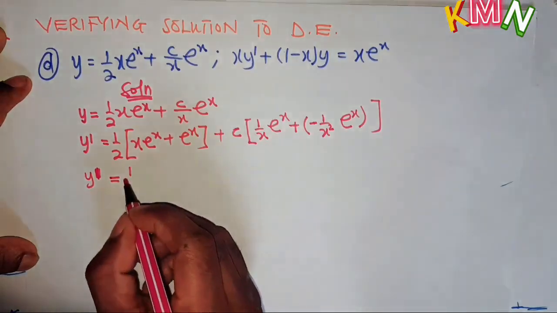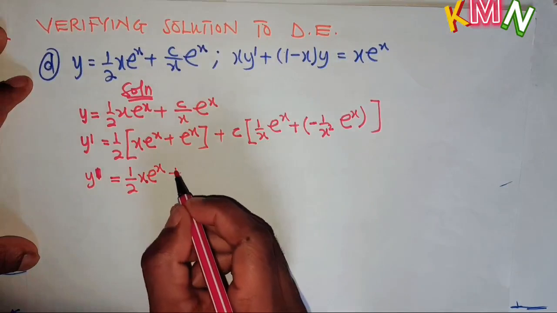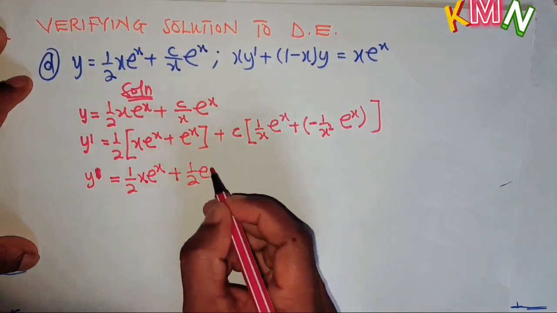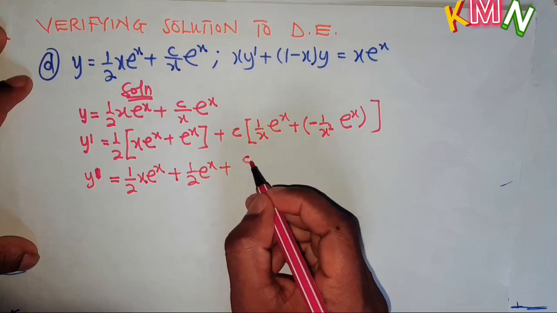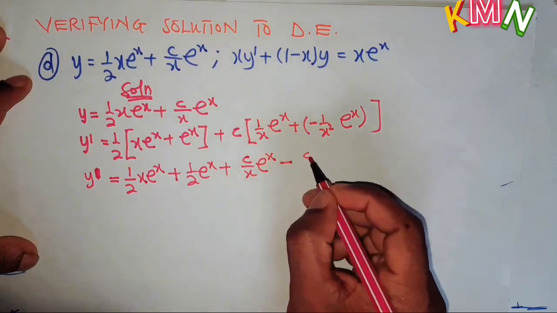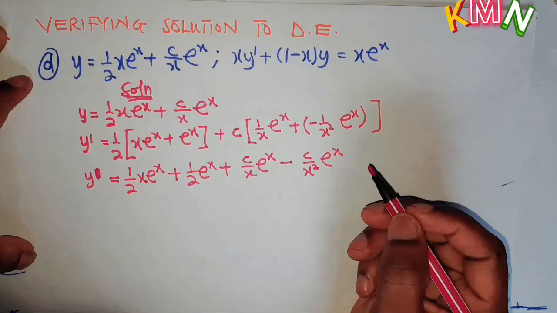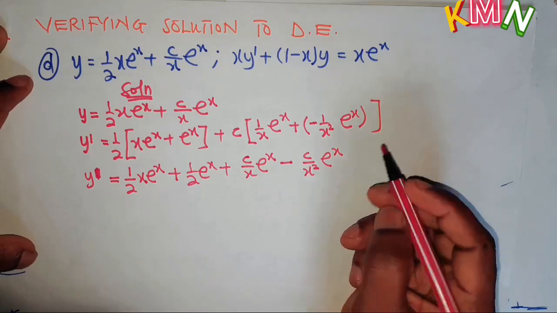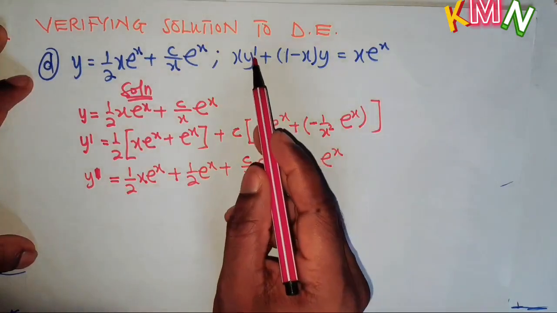So simplifying this, we're going to get half x e power x plus half e power x plus c on x e power x minus c on x squared e power x. So this is what we have. You can see clearly that we don't have anything in common, so that will be our next equation. But we just have to find the first derivative, so that's what we have.